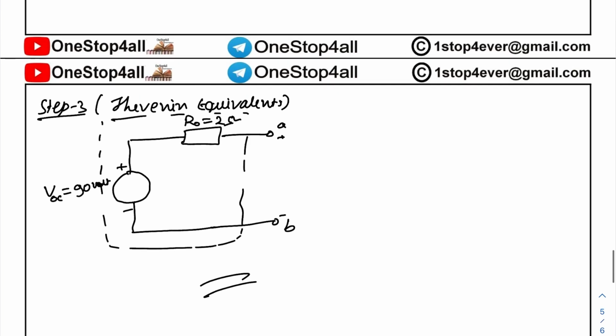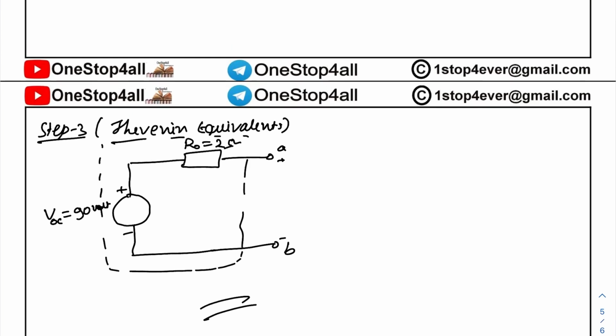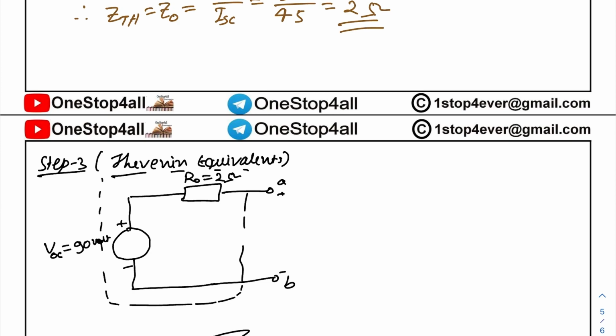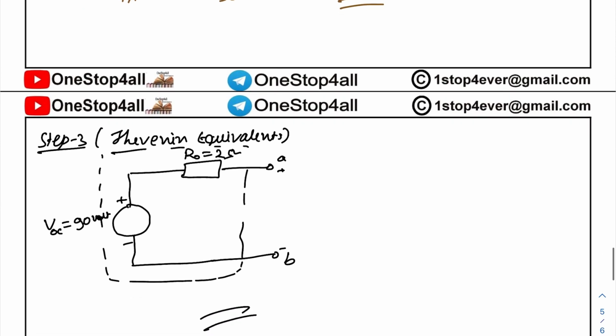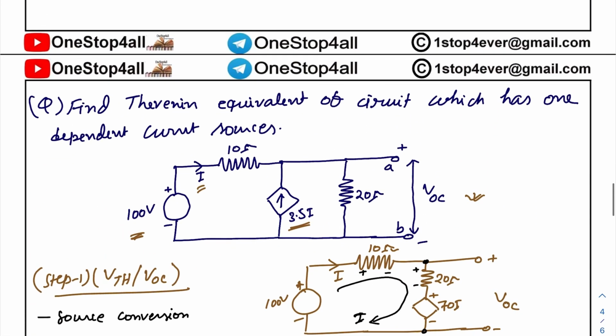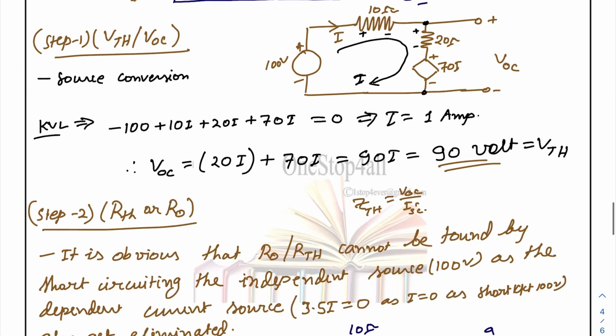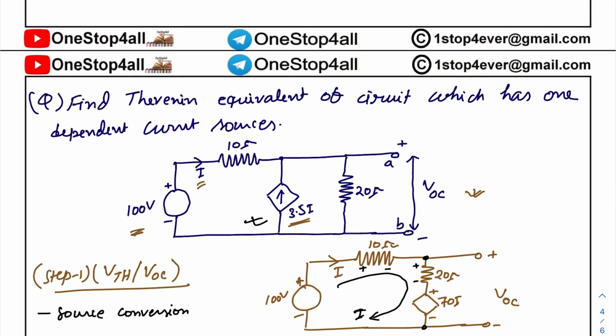So what we have seen in today's lecture is that we solved a numerical which uses a dependent current source, and if the circuit contains a dependent current source, how to find the Thevenin equivalent or Norton equivalent. For the Norton equivalent also we need to find RTH or ZTH, by the same method. We first find VOC and then ISC.